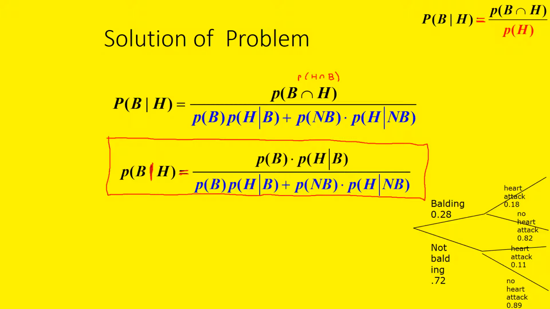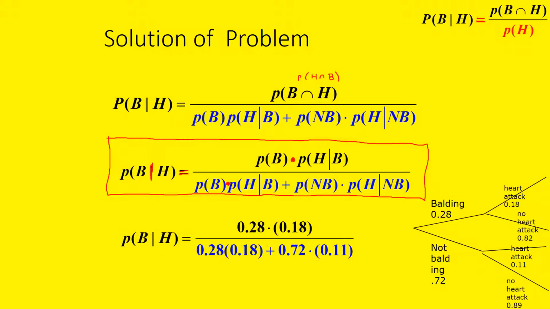The other thing is that in this version of Bayes' rule, you're going to get used to this, the top and the first product in the bottom are the same expression. So you see that repetition between the two.